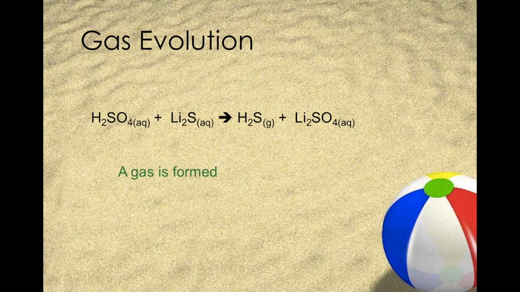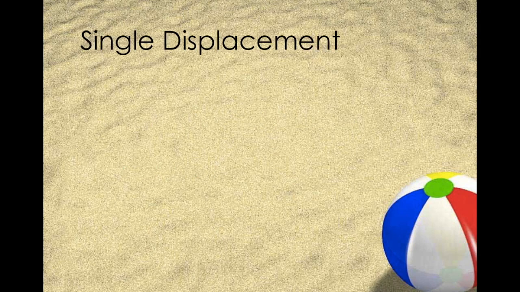And then there's also another product, lithium sulfate. So lithium sulfate is aqueous, but if we have at least one gas formed, it's considered a gas evolution reaction. You can tell that gas evolution is taking place because you can see bubbling in aqueous solution.